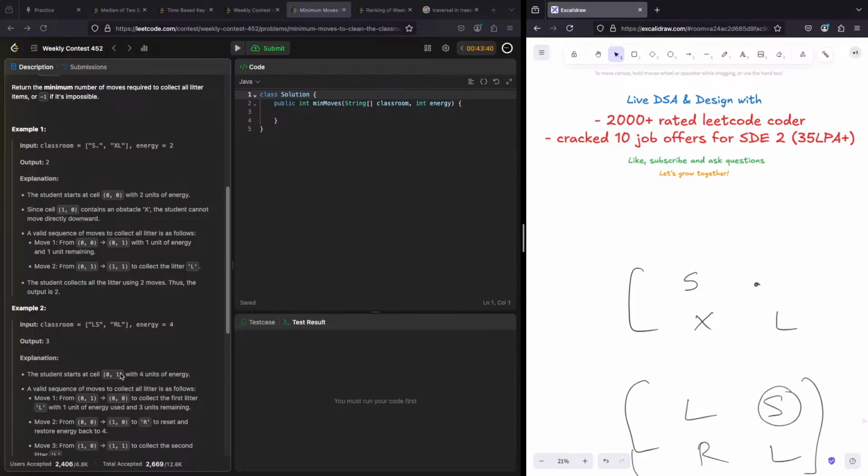Like there is no point of coming back to, but there might be that, okay, you want to collect litter from there. Yeah, it's a good question.